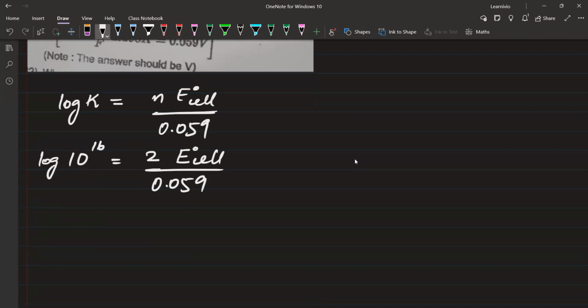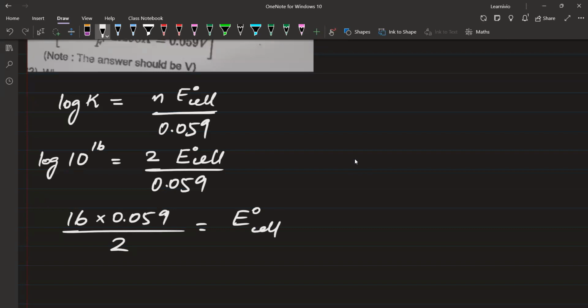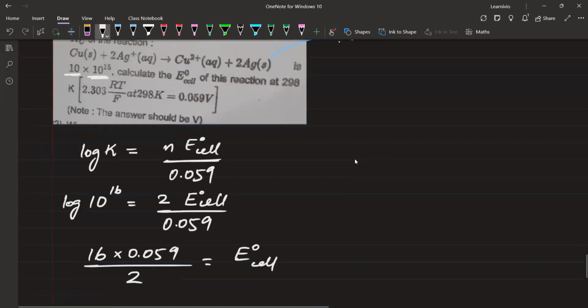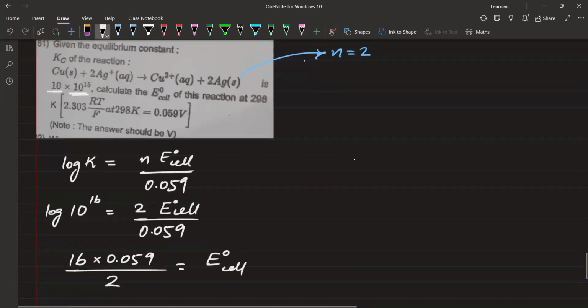How much, Annapurna? 16. Very good, correct. 16 into 0.059 divided by 2 will be equal to E naught cell. Is that right? Yes or no? Yes, sir. Yes? Okay, let's calculate.